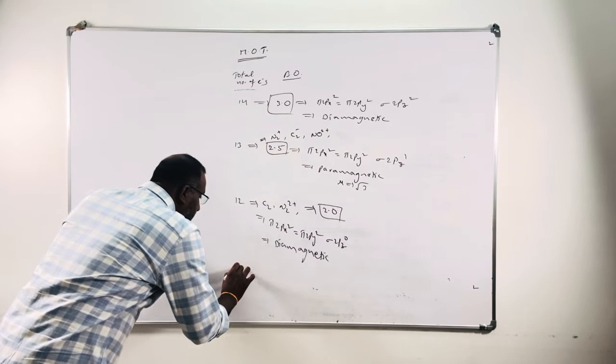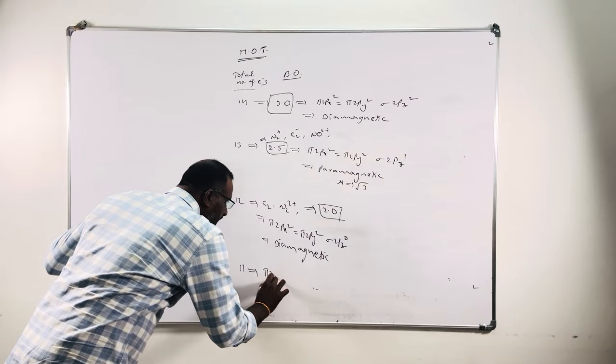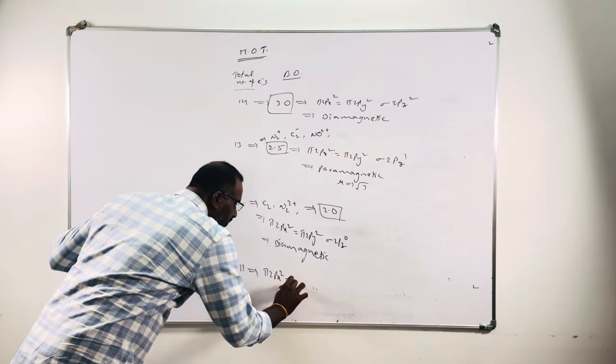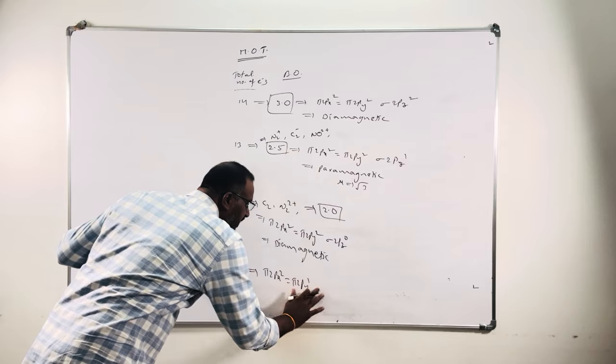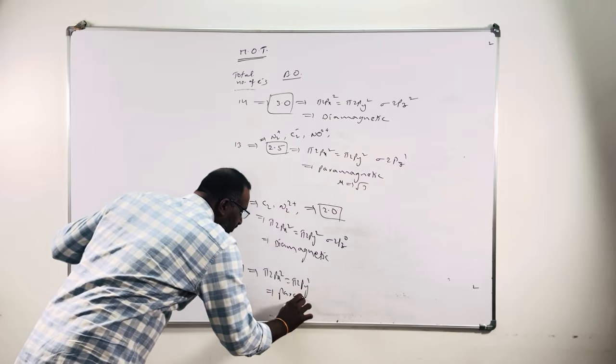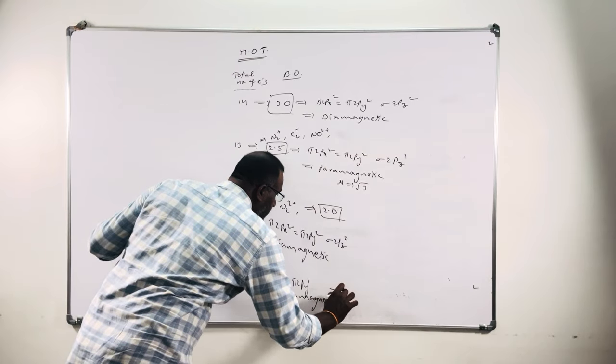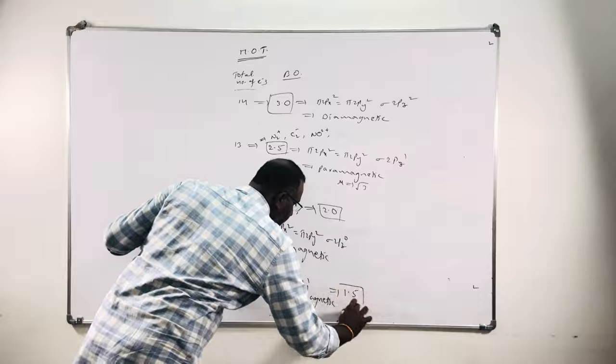If the electrons are 11, you can take the configuration pi 2px2 equal to pi 2py1. So then one unpaired electron is there, paramagnetic will be there, and in this case bond order is 1.5.